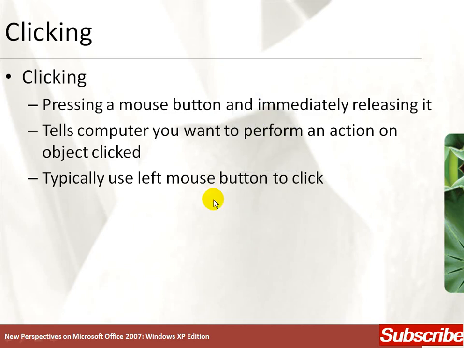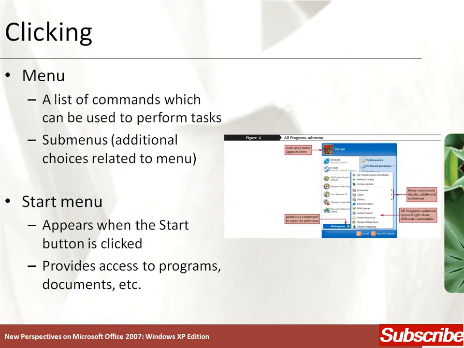What do you mean by menu? A list of commands which can be used to perform tasks. It's called a menu or not? Menu means a list of commands which can be used to perform tasks. Submenus means additional choices related to a menu.